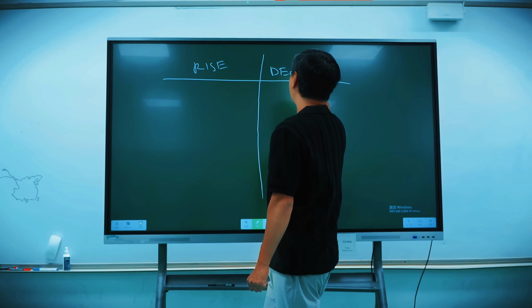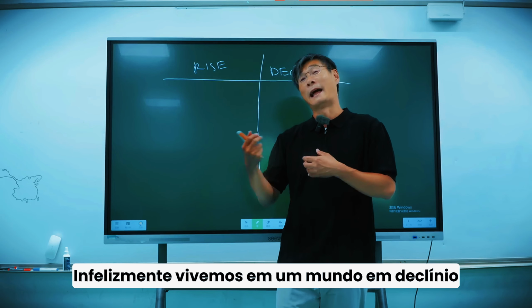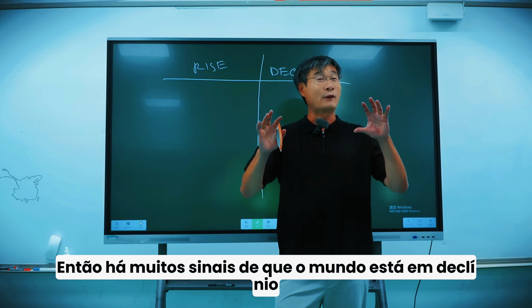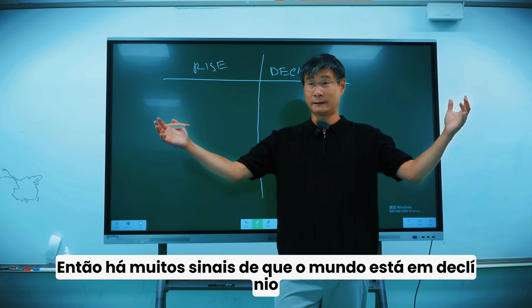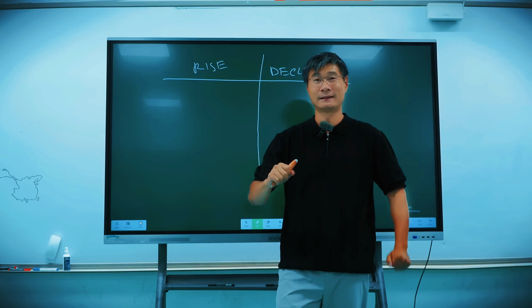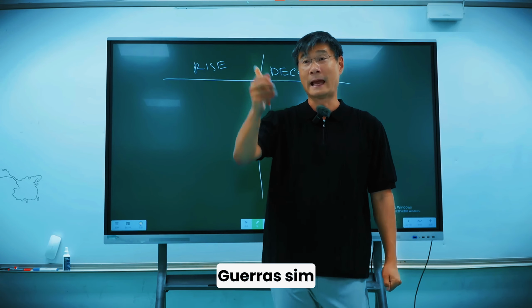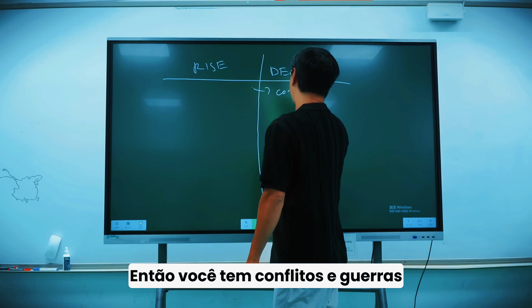Now, unfortunately, we live in a world in decline. There are lots of signs that the world is in decline. What are these signs? Shout out some signs. Wars. Yeah, very good. So you have conflict and wars.